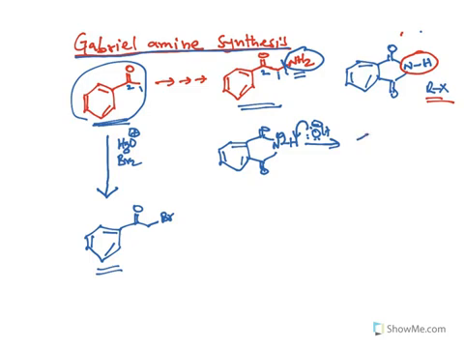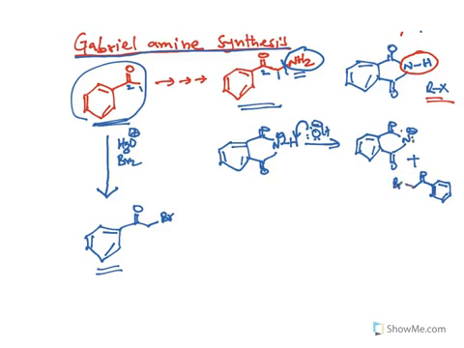So we're going to have nitrogen, then now we can add that one plus the alkyl bromide, connected to the alpha carbon.